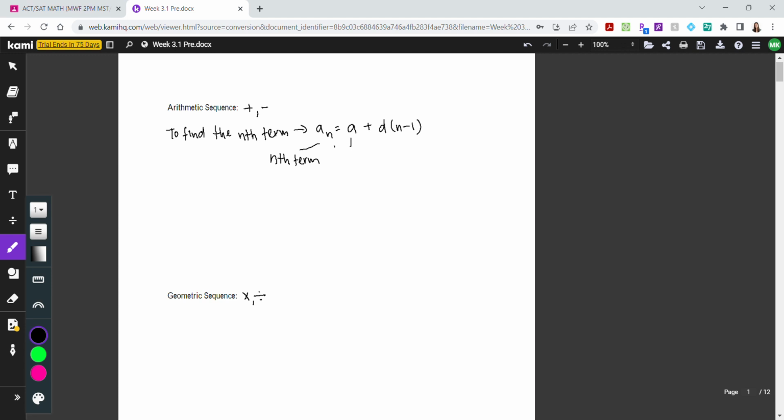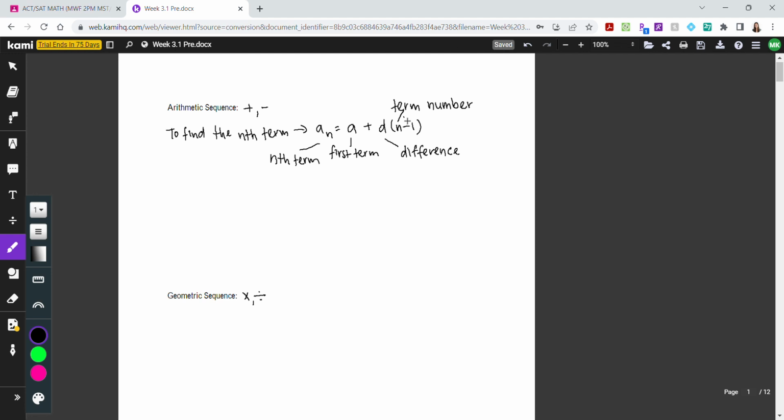A is the first term that we are normally given. D is the difference in the sequence, and n is the term number that we are trying to find. So if let's say we're trying to find the 8th term, that means our term number is going to be 8. So we'll plug in 8 right over here.